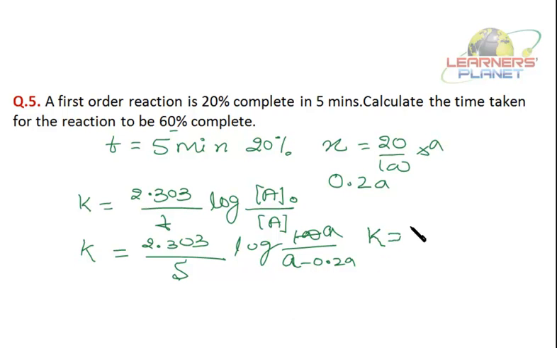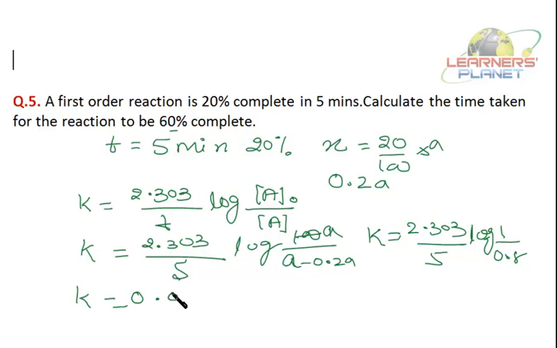So your K will be equal to 2.303 by 5 and log of 1 by 0.8. So just solve this, you'll get your value of K, and that comes out to be 0.044 per minute.